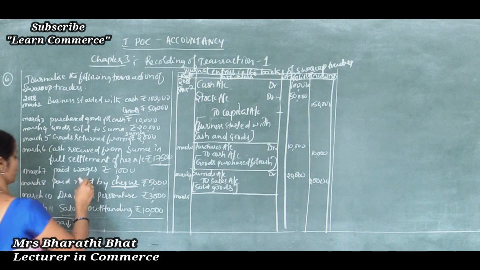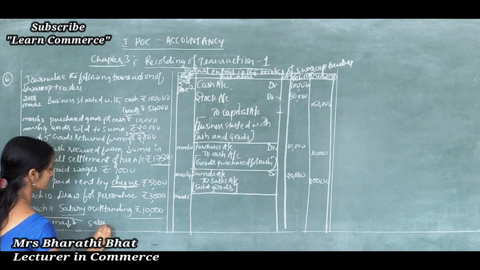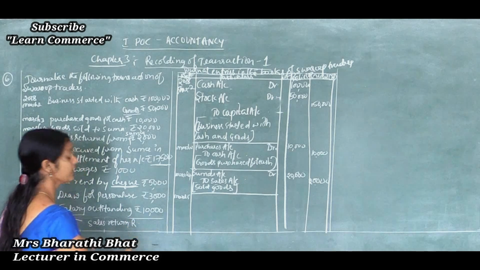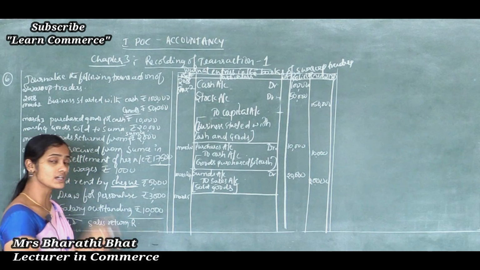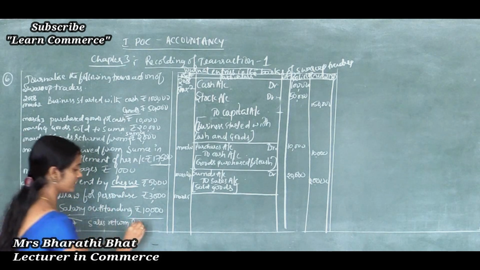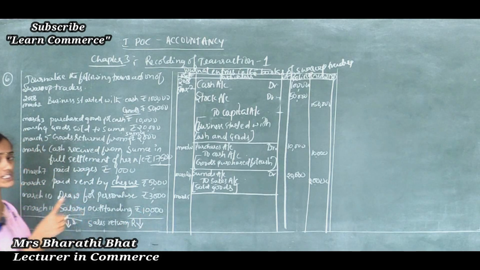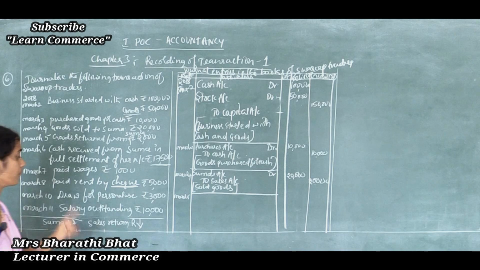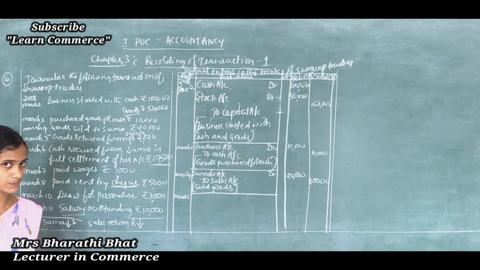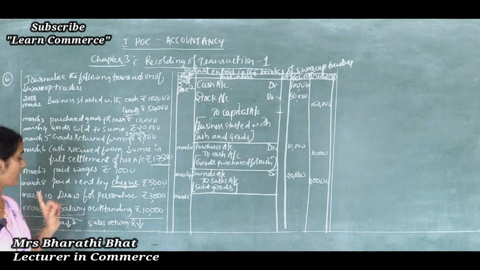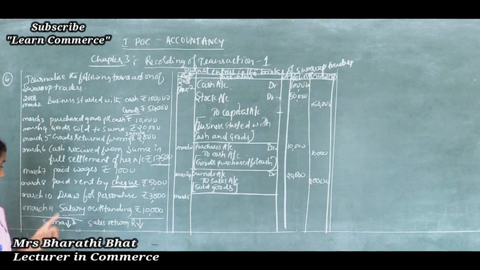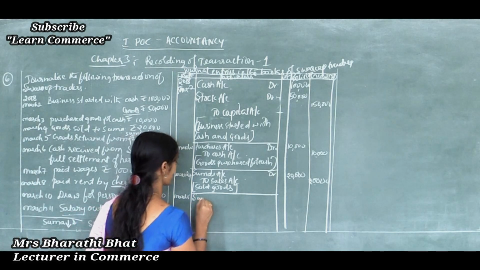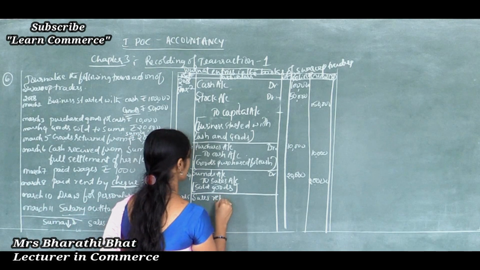Sales return. So one more account is sales return. Sales return comes under revenue only, but it is treated as decrease in revenue. Sales increase revenue, whereas sales return decreases revenue. So decreases in revenue is to be debited, and decreases in asset is to be credited. So we should record sales return first because it is debited.